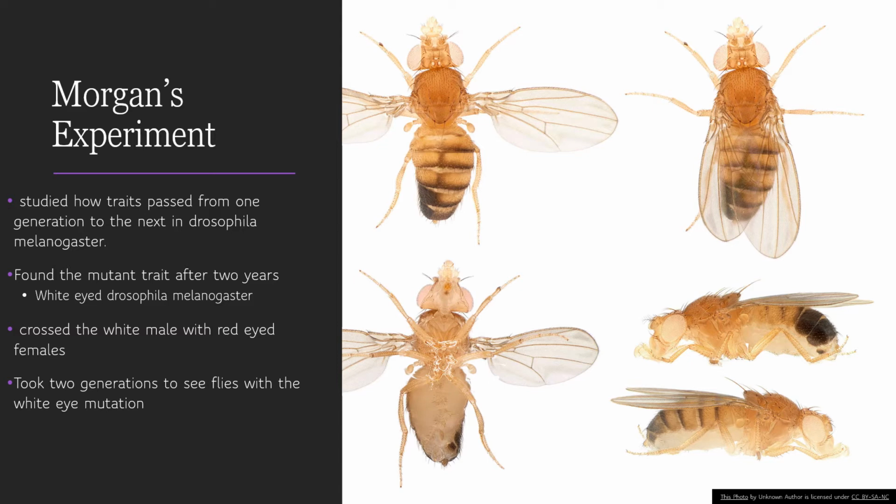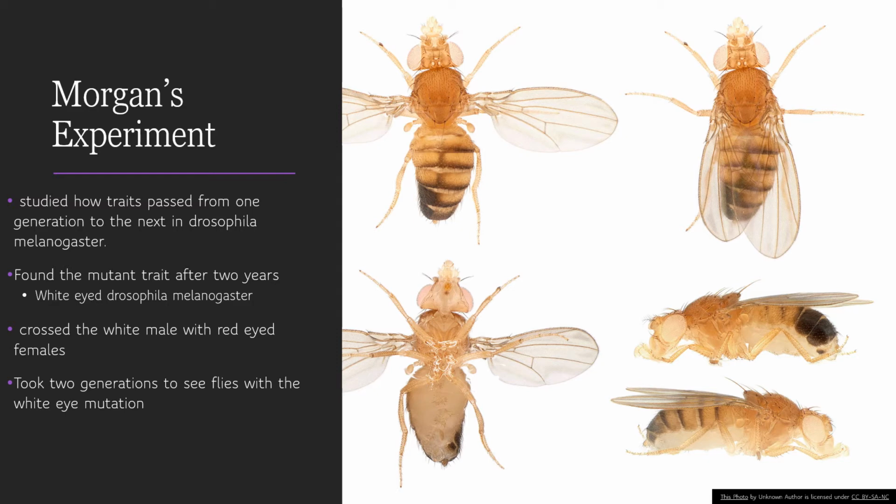From there, he isolated the white-eyed fly in a jar and filled it with female red eyes to see what the offspring would produce. From this, he learned that it took 2 generations to see the mutant strain appear in the new offspring.